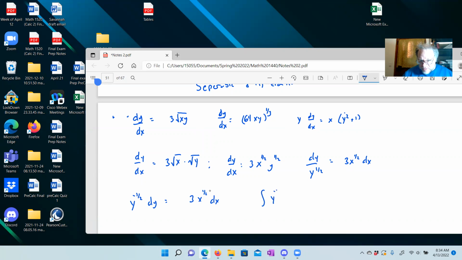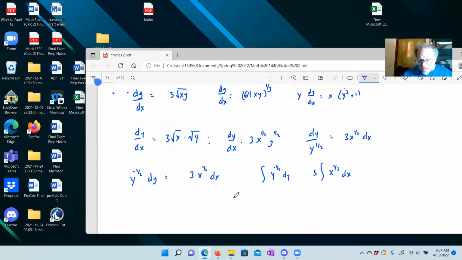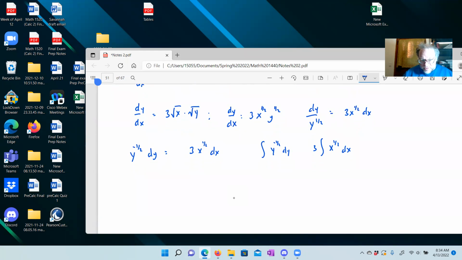So this is the integral of y to the negative 1/2 dy, and this is 3 times the integral of x to the 1/2 dx. Then we just integrate. Add 1, so that's y to the positive 1/2, divided by 1/2, which is times 2.